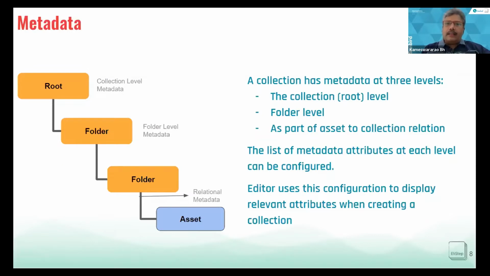On top of that, a collection specifically can have metadata at 3 levels. One is at the collection level itself, like what I have mentioned. At each folder level also, we can have certain metadata attributes defined.